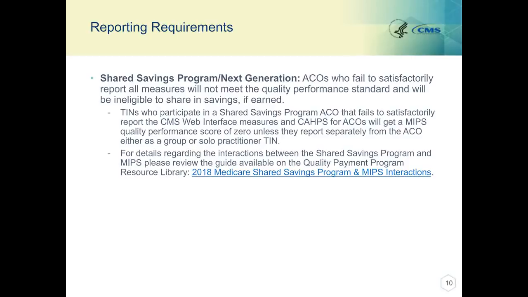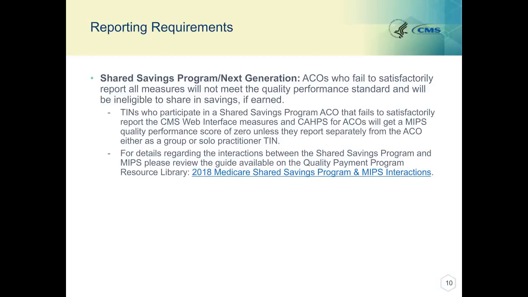Shared Savings Program and Next Generation ACOs that fail to satisfactorily report all measures will not meet the quality performance standard and will not be eligible to share in savings if earned. TINs who participate in a Shared Savings Program ACO that fails to satisfactorily report the CMS Web Interface and CAHPS for ACOs will get a MIPS quality performance score of 0 unless they report separately from the ACO, either as a group or a solo practitioner TIN.